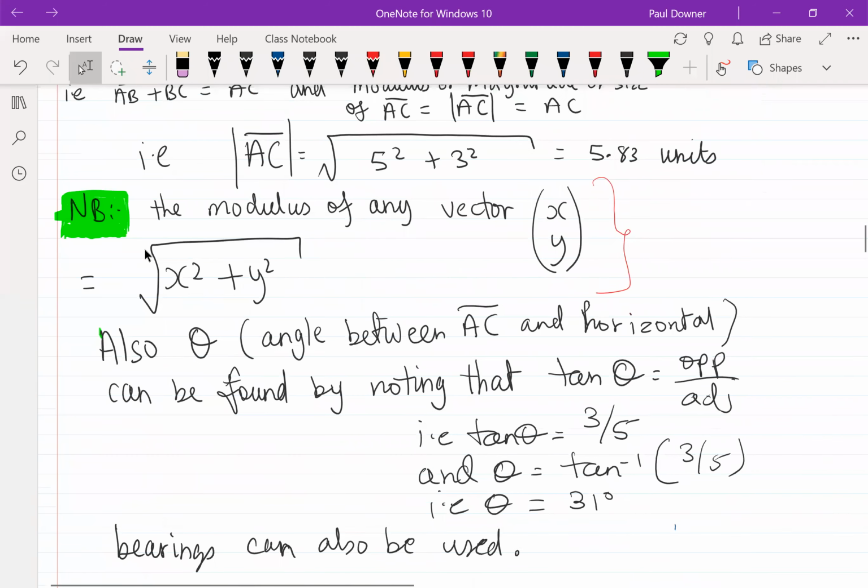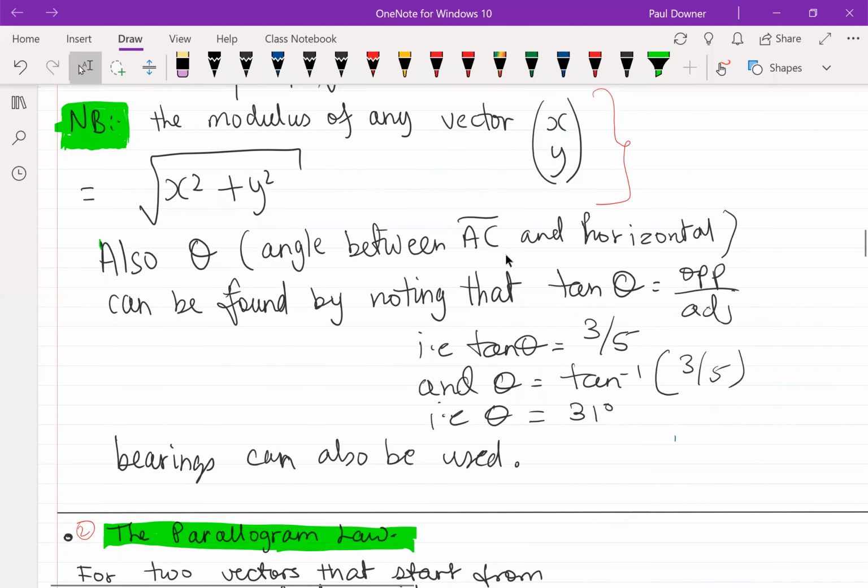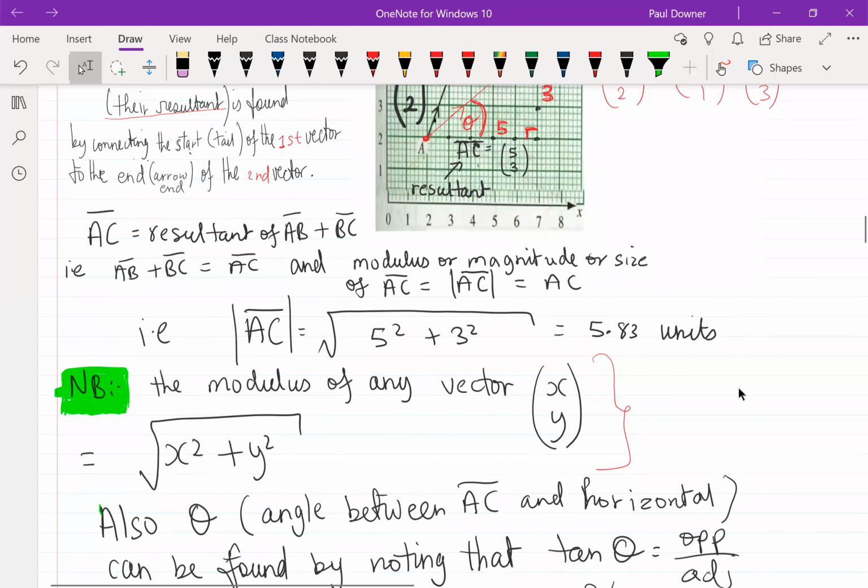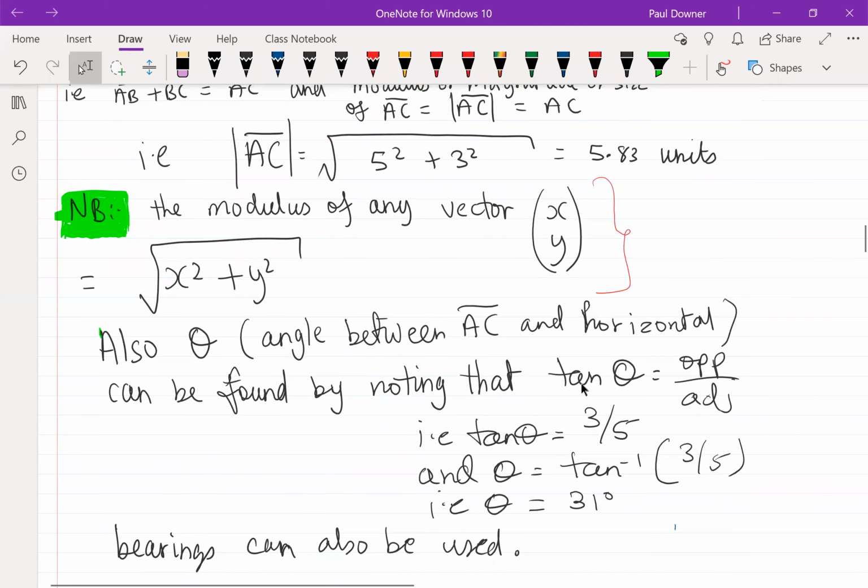So to get the angle between AC and the horizontal, which I just drew as theta, this angle up here, I could use the fact that tan theta is opposite over adjacent.